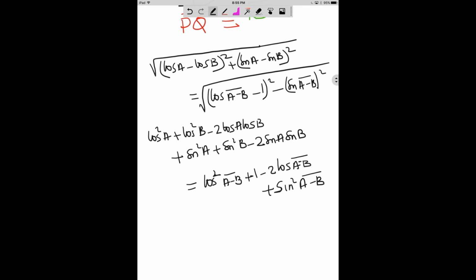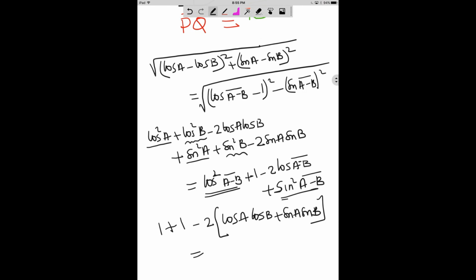Okay, now what is cos square A plus sin square A? 1. Plus cos square B plus sin square B is also equal to 1. Then minus 2, we take out the common factor on the left hand side, that is minus 2 into (cos A cos B plus sin A sin B). Then what is cos square(A minus B) plus sin square(A minus B)? 1, plus 1, minus 2 cos(A minus B).